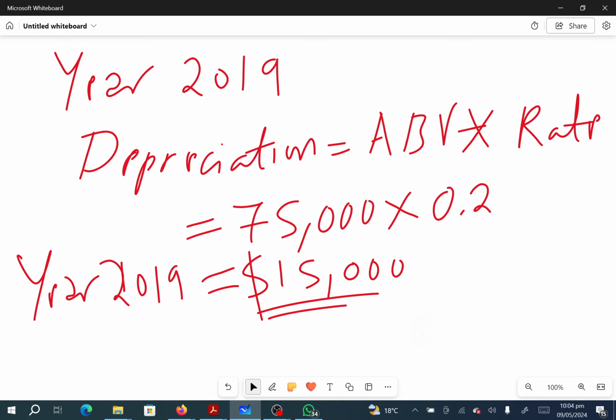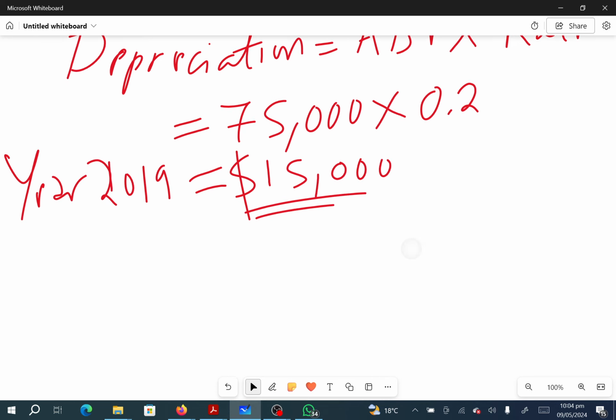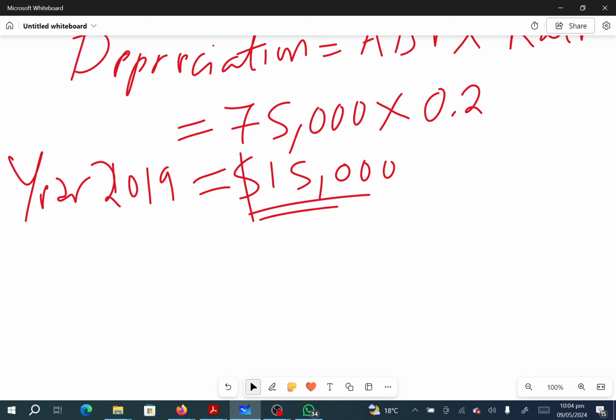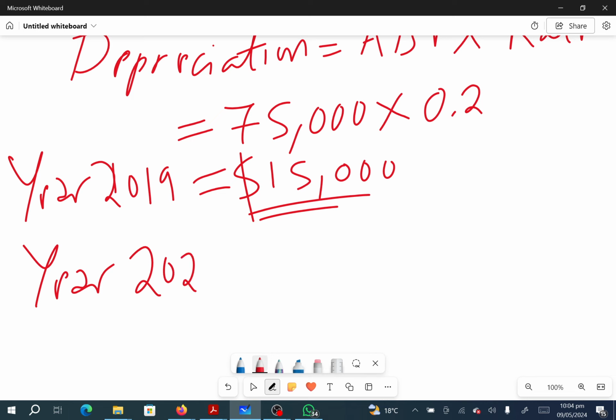So now we go to year 2020. Since we are told to calculate 3 years, we go to year 2020. So depreciation in year 2020 is equal to the book value.